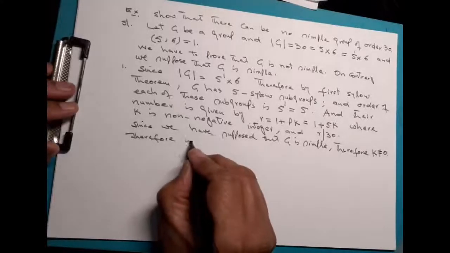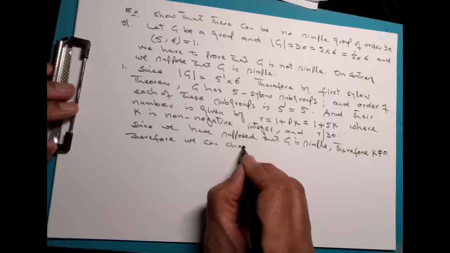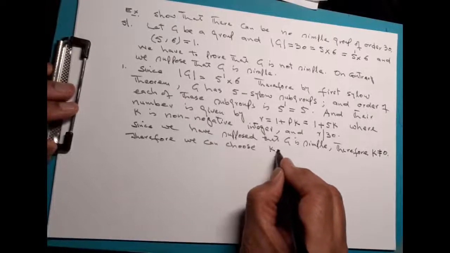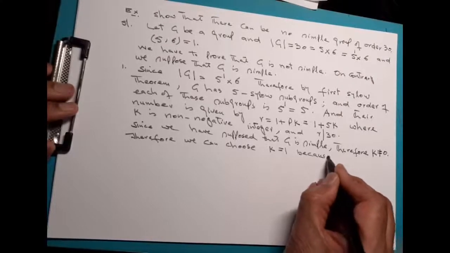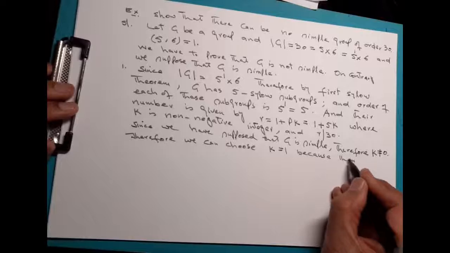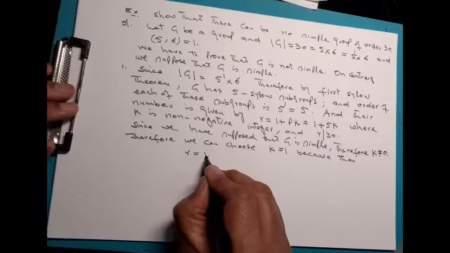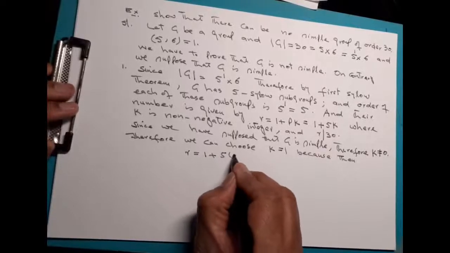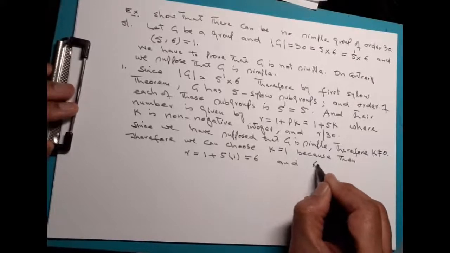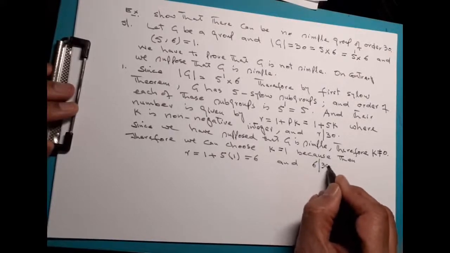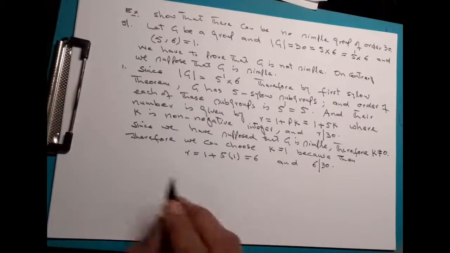Therefore, we can choose K equal to 1, because if we choose K equal to 1, then R is equal to 1 plus 5 into 1, and this is equal to 6, and we know that 6 divides 30.